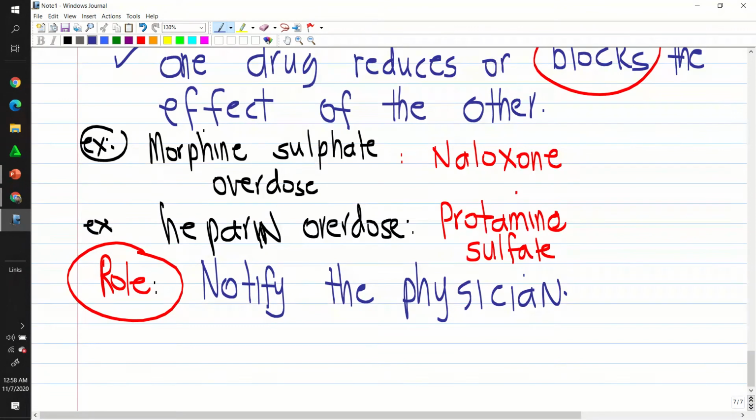This noni juice might interact with the medication that is being ordered by the physician.